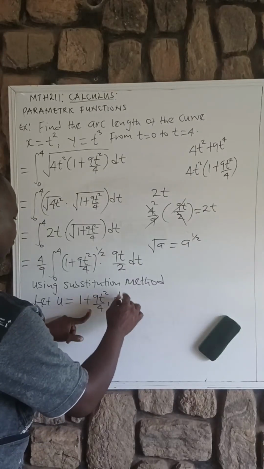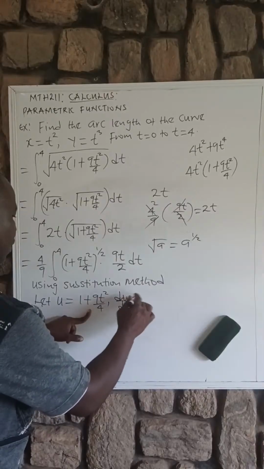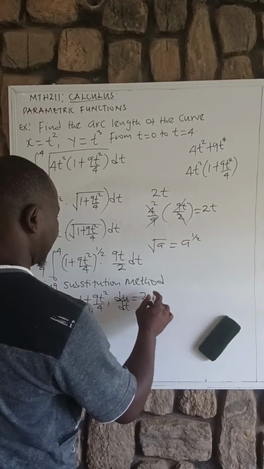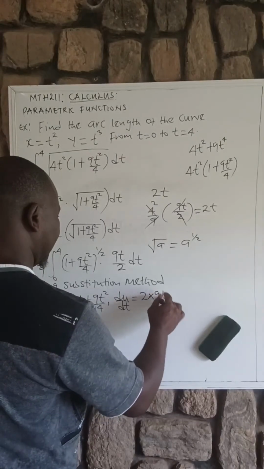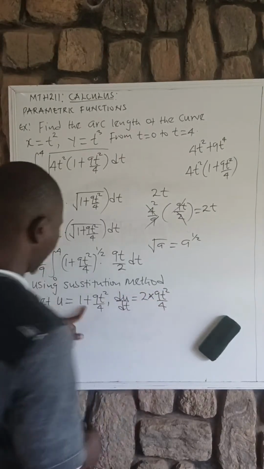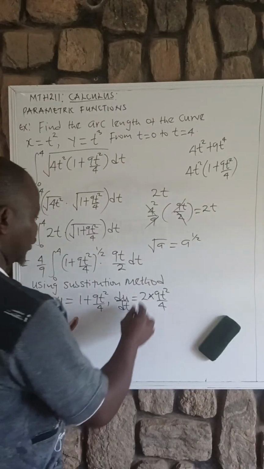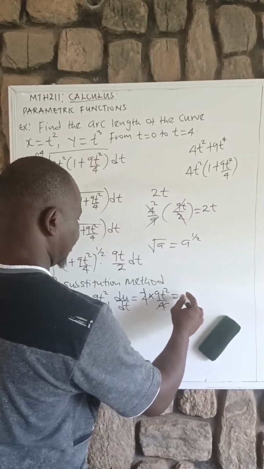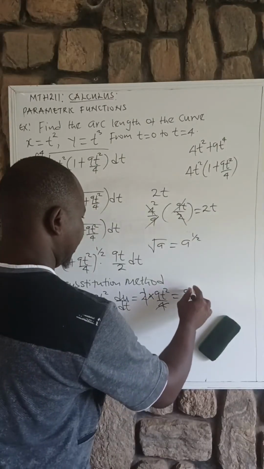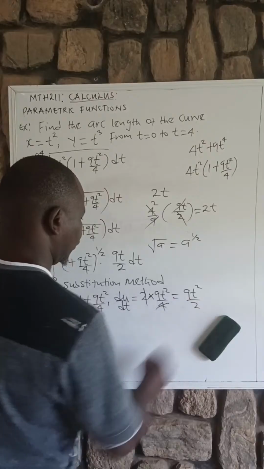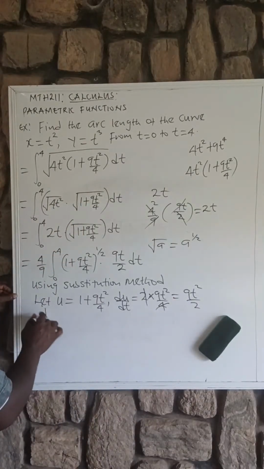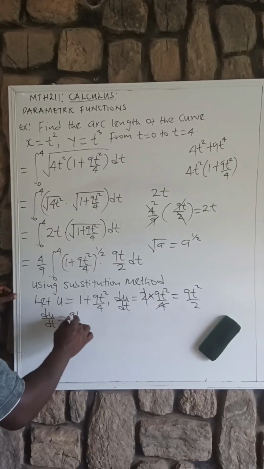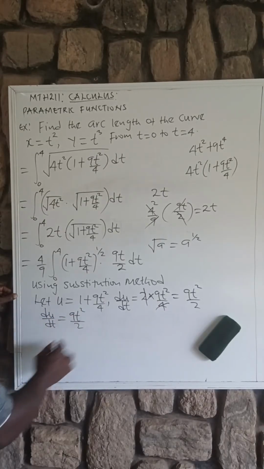When we differentiate u with respect to t, this will give us 2 times 9t all over 4, because this is 0, right? So this to this is the same thing as what? 9t all over 2. True or false? So our du over dt is equal to 9t all over 2.